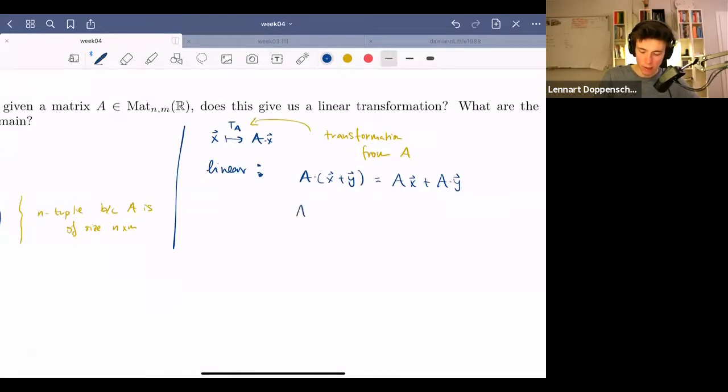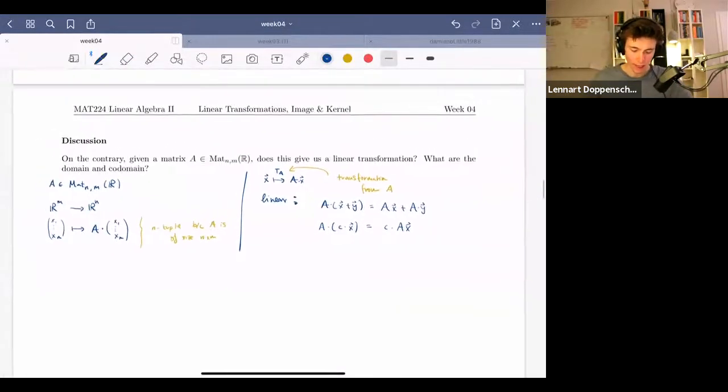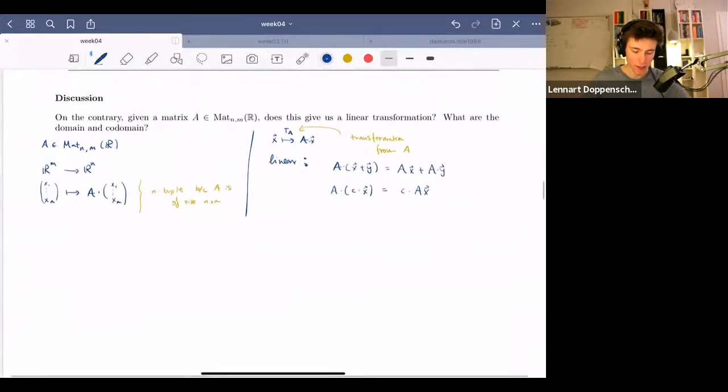And we also know that A times cx is equal to c times A multiplied with x. These are the two things we need to check. Now this is just between Rm and Rn.